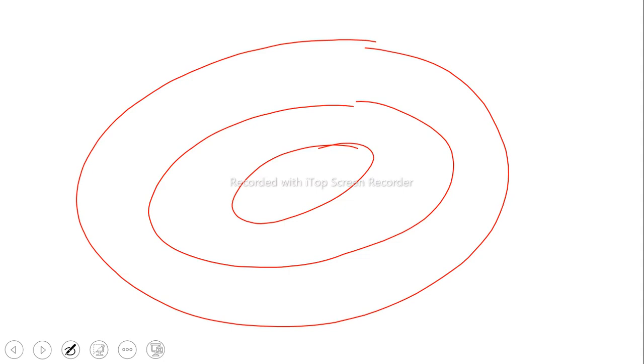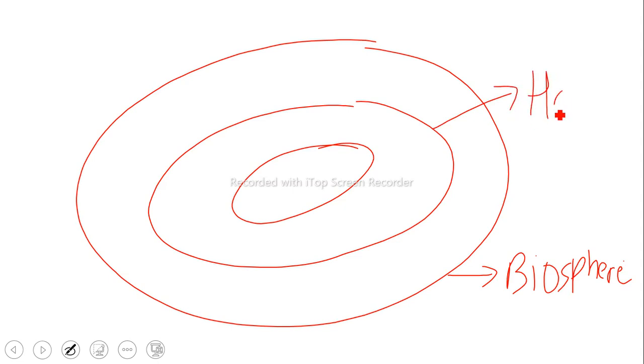Which one would be the habitat? Which one would be the community? The biosphere will be the outside. Very good. The habitat would be the second inner one. Yes, the second one. And then in the middle is the community.